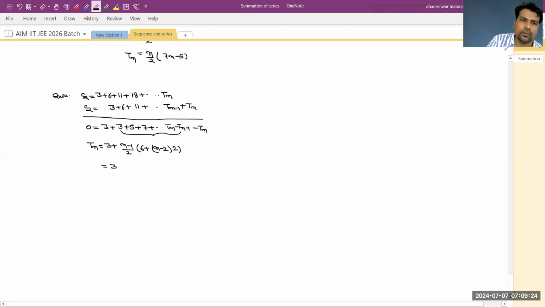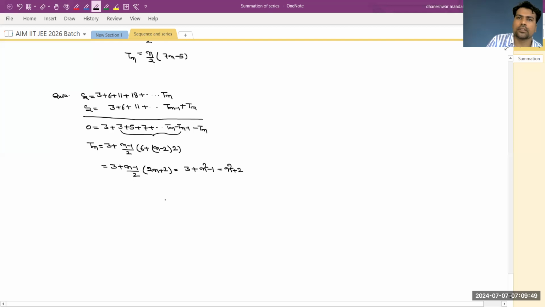So from here 3 plus n minus 1 by 2, times 2n, and 2 plus 2. So I write this term 3 plus n plus 1 times n minus 1. It means n square minus 1 is there. So I write this term n square plus 2 here.